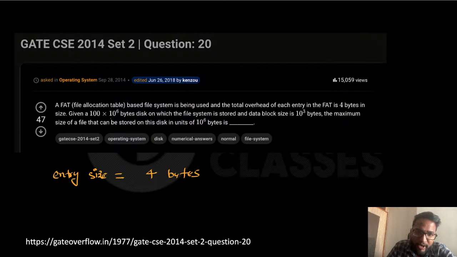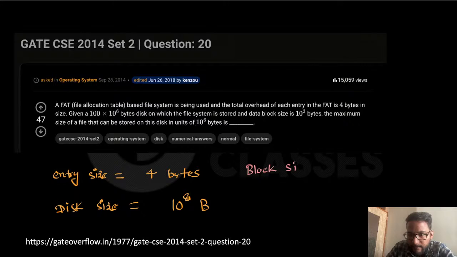Given a 100 into 10 power 6 bytes disk, so the complete disk size is also given to us, 10 power 8 bytes. Now what they are asking, the block size given to us is 10 power 3 bytes, right? So block size is also given, 10 power 3 bytes.